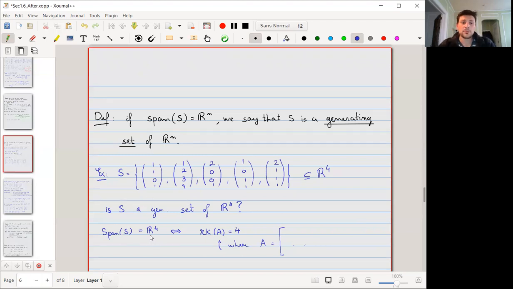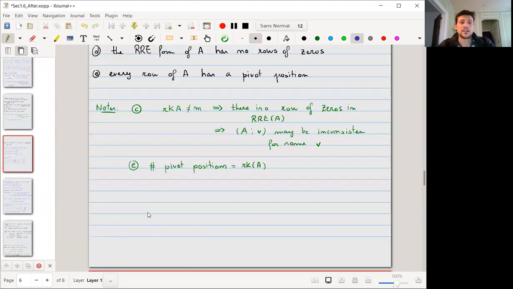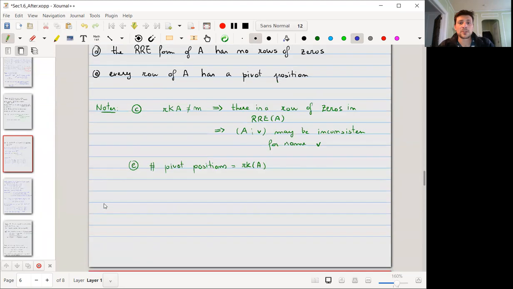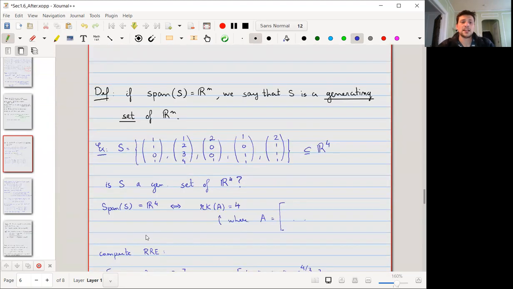by our theorem, by the equivalence between condition B and C. The span of S being R4 is the same as the rank of the matrix being equal to 4. So this is condition B if and only if C in our theorem.